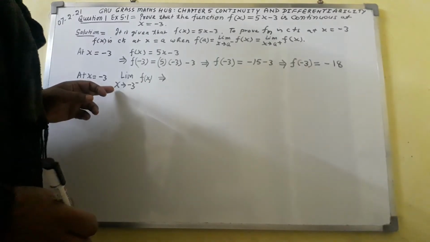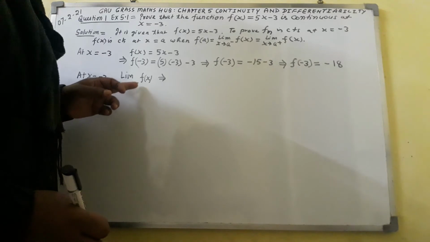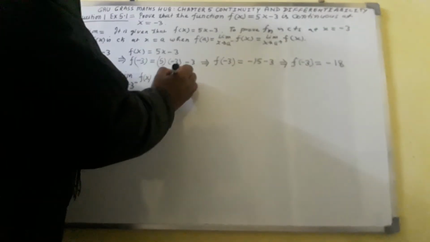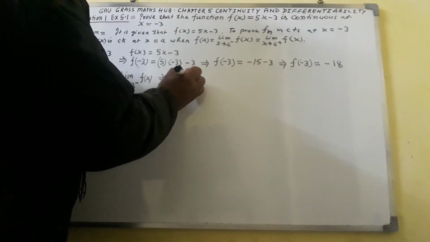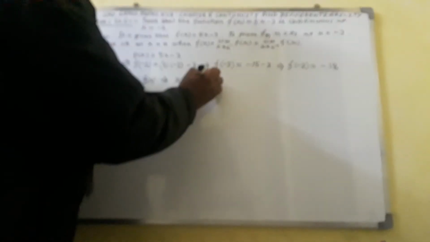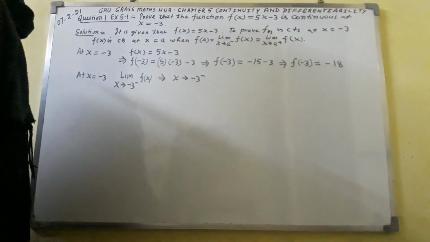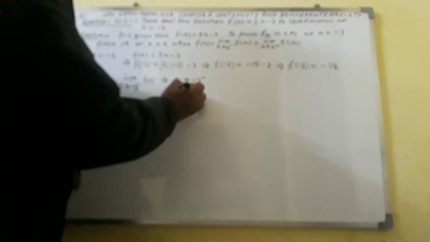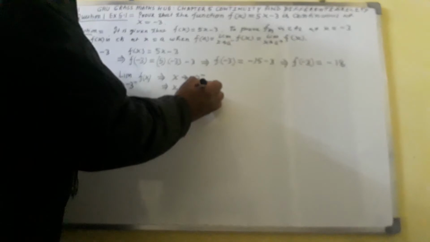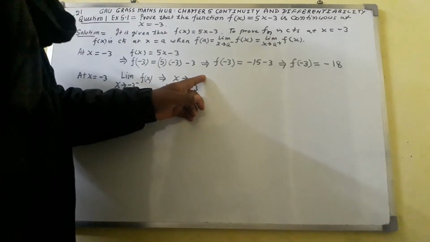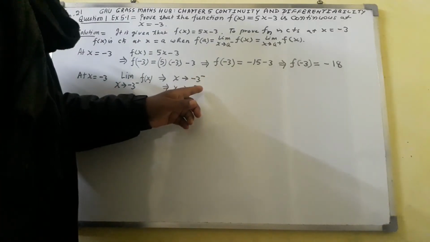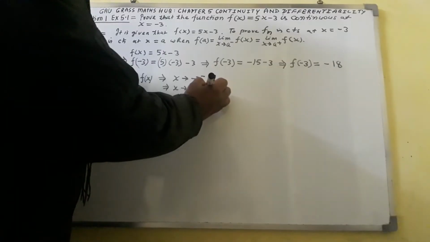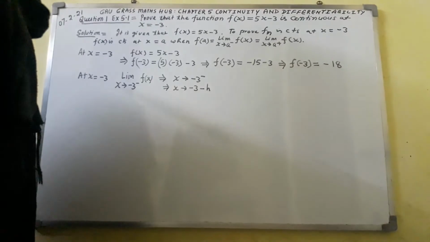Here I shall elaborate the things. x tends to minus 3 negative. It can be written as x tends to minus 3 minus h, this minus will go in center, and h is constant here.